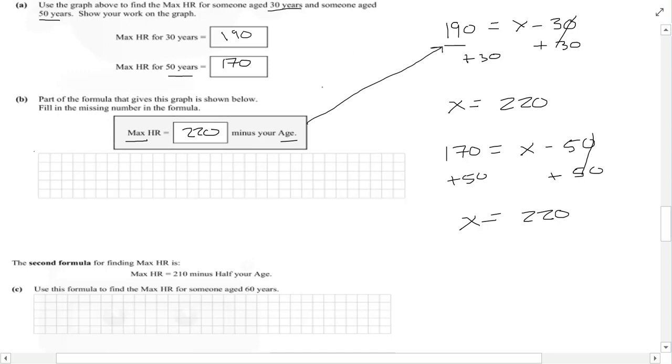We're just using the values that we took off the graph, and we've worked out in this instance it's 220, and then we've done the same here as well. Okay, so we've confirmed that the formula is that the maximum heart rate, which in this case is 170, is equal to, so this is our equal sign, 220, so that's the value that we've worked out for x, minus the age. So this is minus your age. In this case, we're looking at 50, and we just took those off the graph. Okay, so that's that one.